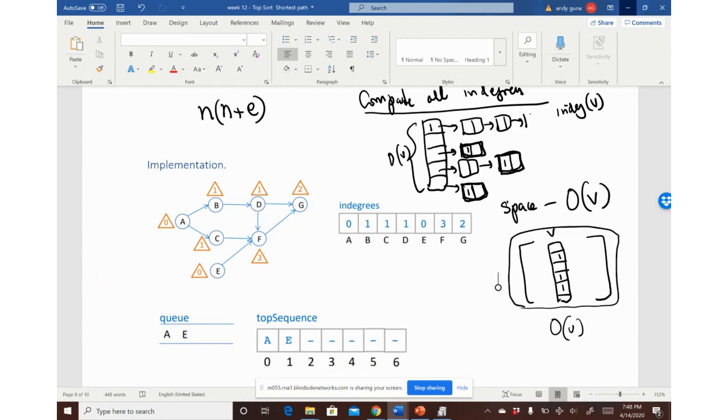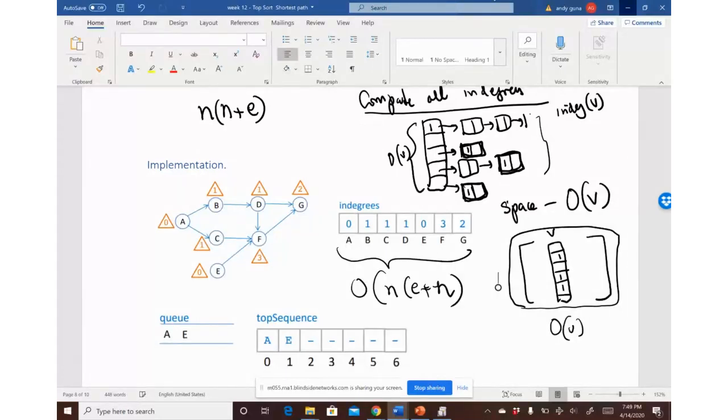Okay, so this is an expensive operation. It would cost you this much work: n times (n plus E). Now, if you really think about it, E is of the order n squared. E is the number of edges, and the maximum you can have is n squared.